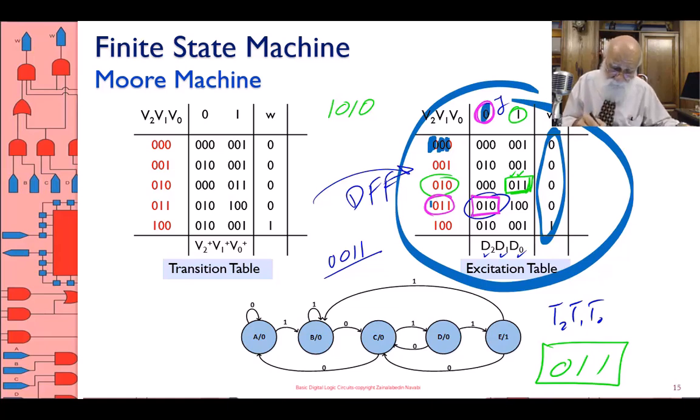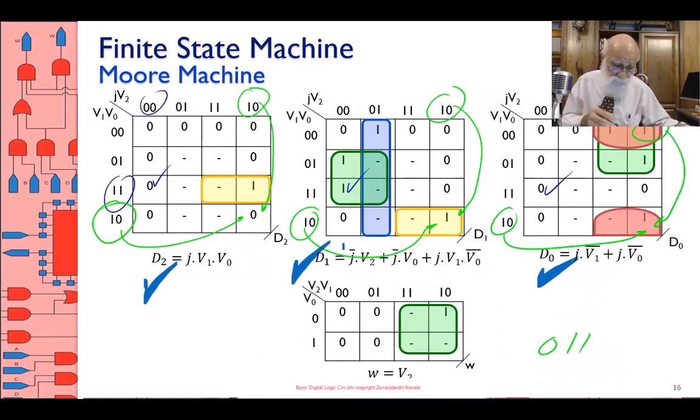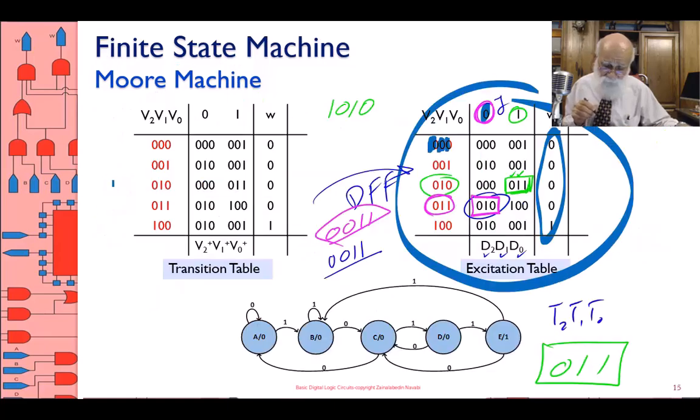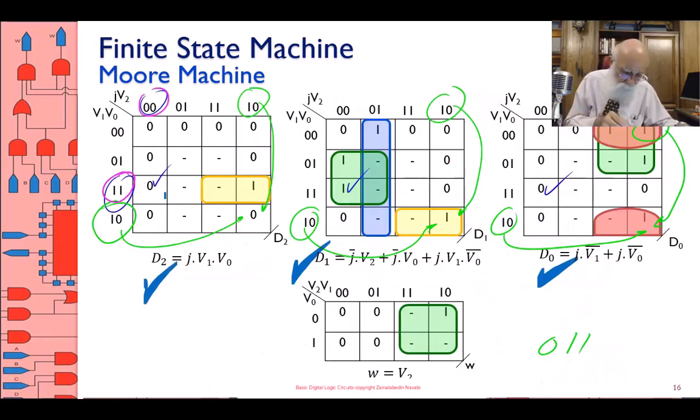So it's 0, 0, 1, 1 across the map. I guess I've done this in the previous part. 0, 1, 0.